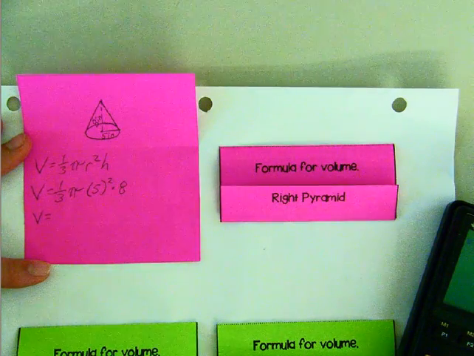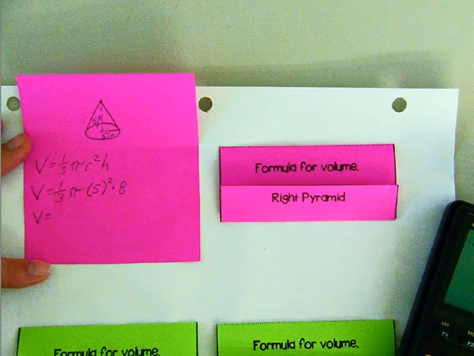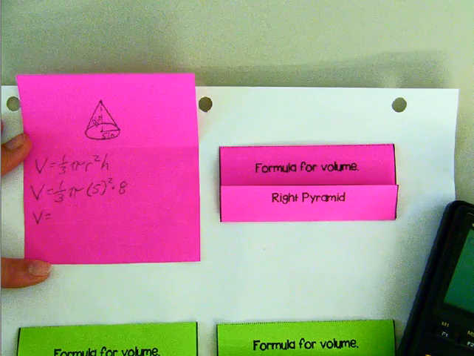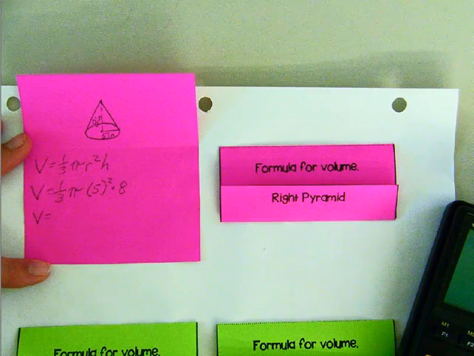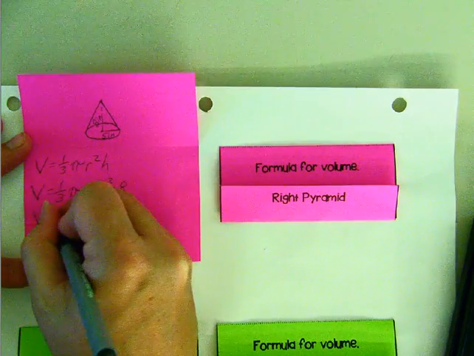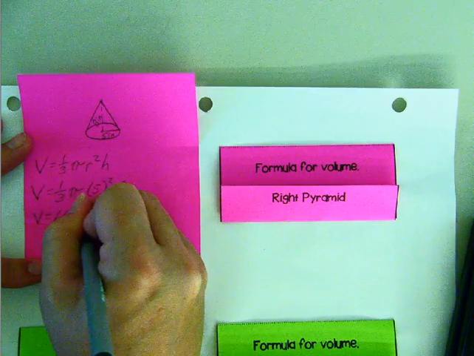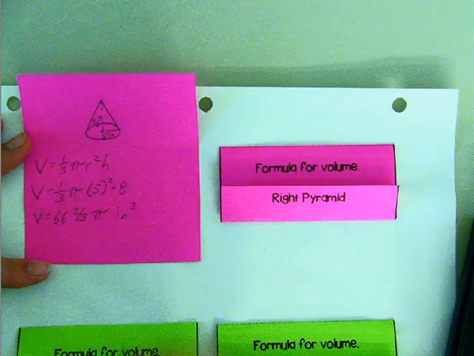So we've got 1/3 times 5 squared times 8. And so I get 66 2/3 pi, and then my label is inches cubed.